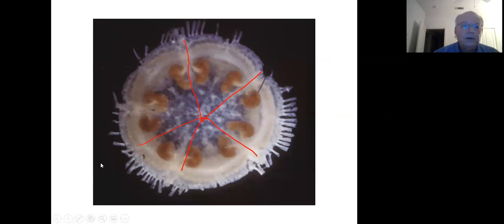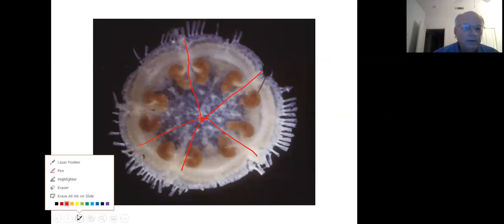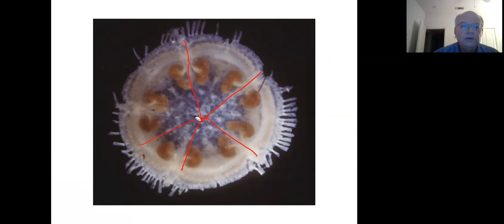Let me erase that line, because I've got one line in the wrong place. So we've got 1, 2, 3, 4, 5. So there's their 5-way radial symmetry. These were originally identified as asteroidea, then they were given their own clade, Concentricycloidea. They're now back amongst the asteroidea again.